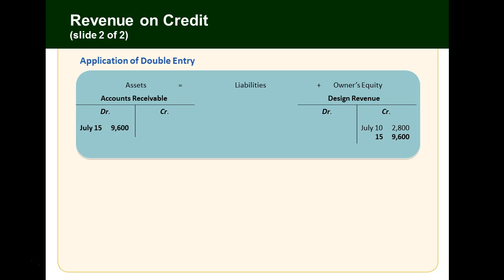Okay? It's important. I would do a cheat sheet, and I would have assets, the normal balance is a debit, equals liabilities, the normal balance is a credit. Owner's equity, the normal balance is a credit. Revenues increase owner's equity, don't they? So the normal balance is a credit.